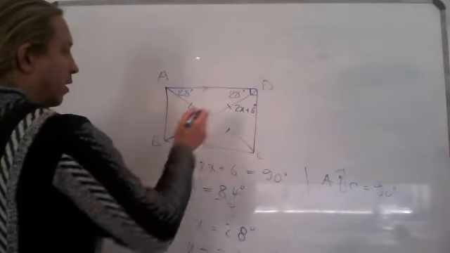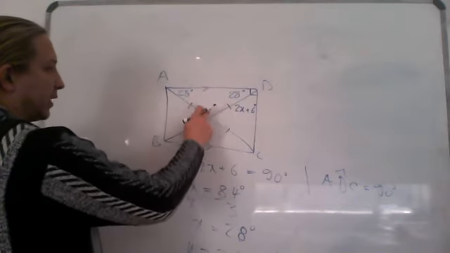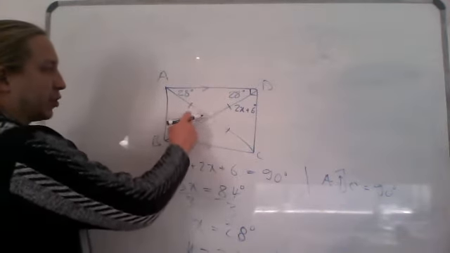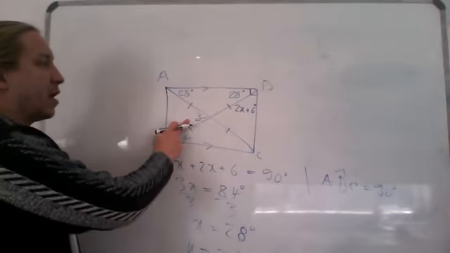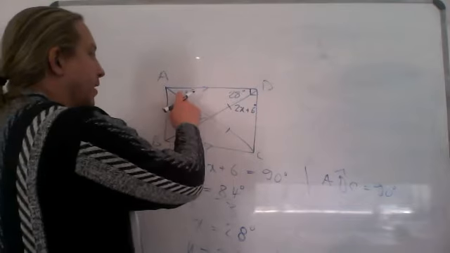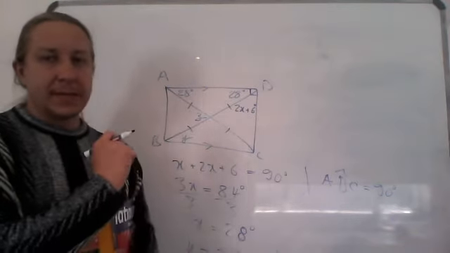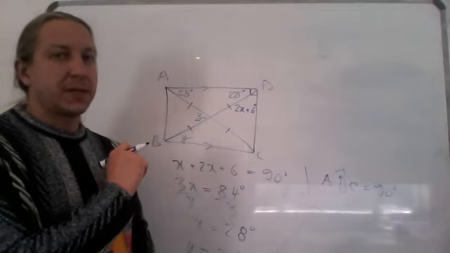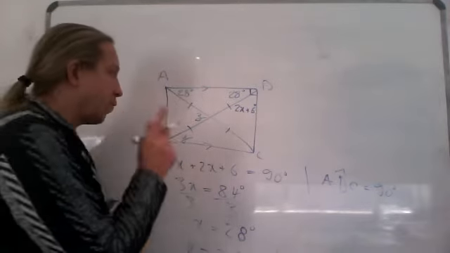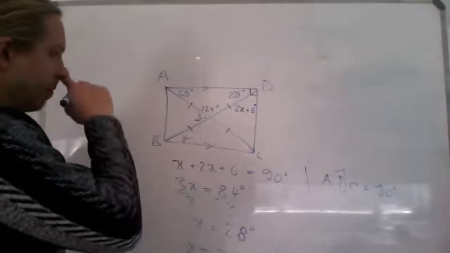If we can work out what this angle is, we can do angles on a straight line to get Z. This angle is going to be 180 minus 28 minus 28, which is 56. So 180 minus 56 will give me 124. So this is 124 degrees.